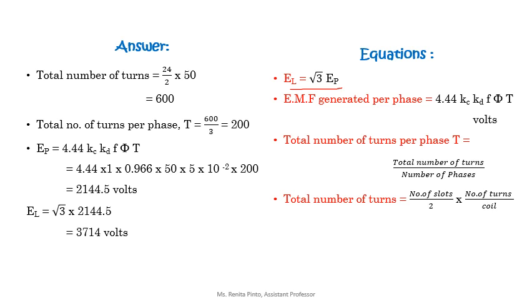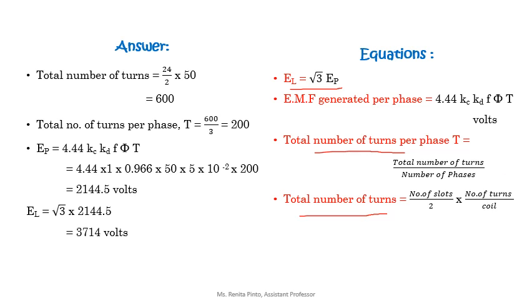Next, to calculate this number of turns per phase, you need to know the total number of turns. The total number of turns is again not given, so you have to calculate it. Now how can you calculate this total number of turns? Total number of turns is given by number of slots by 2 into number of turns per coil.